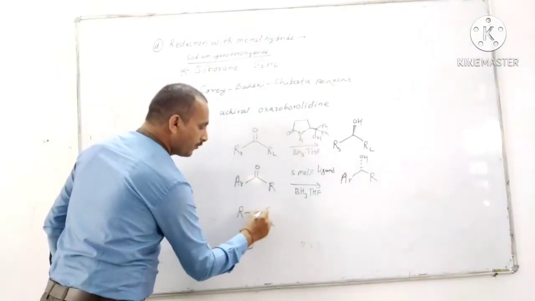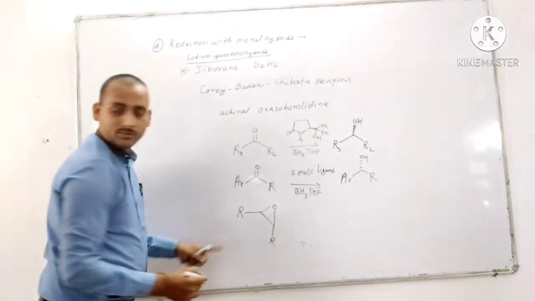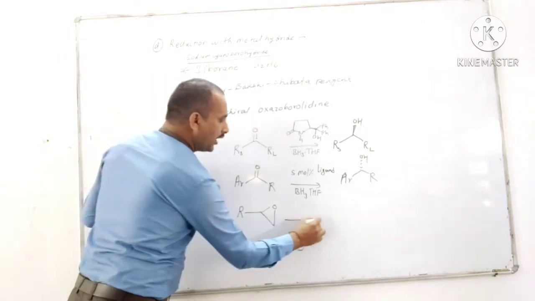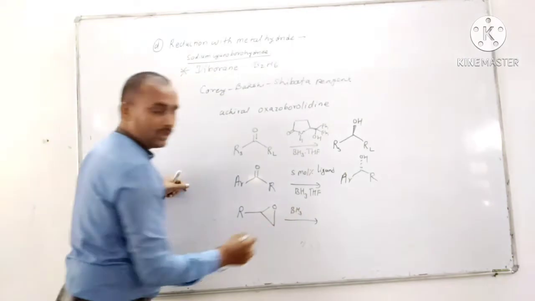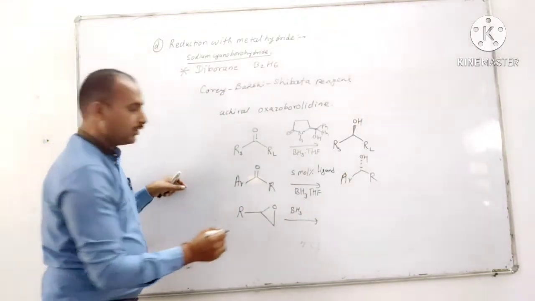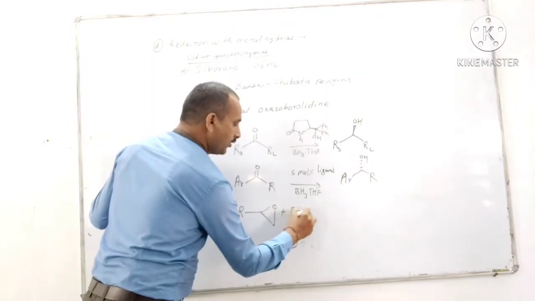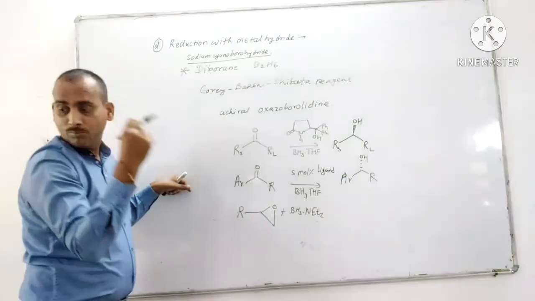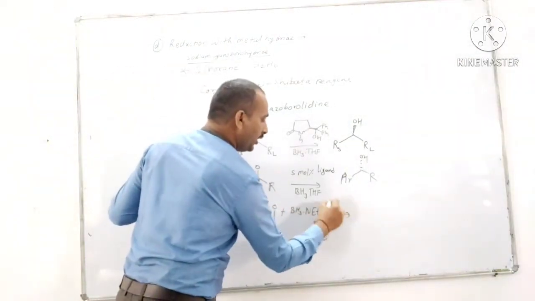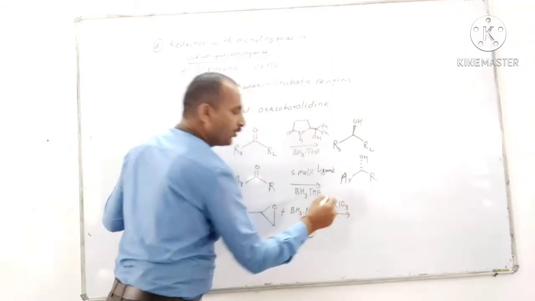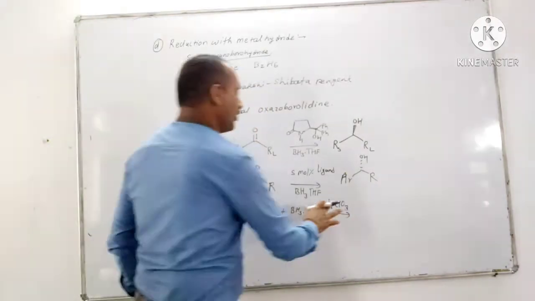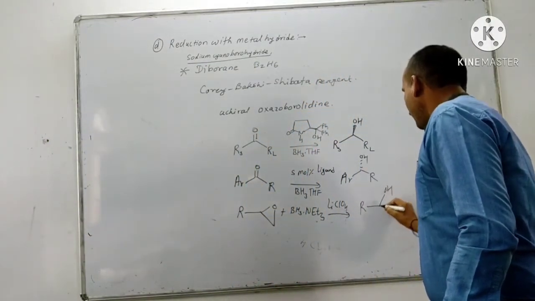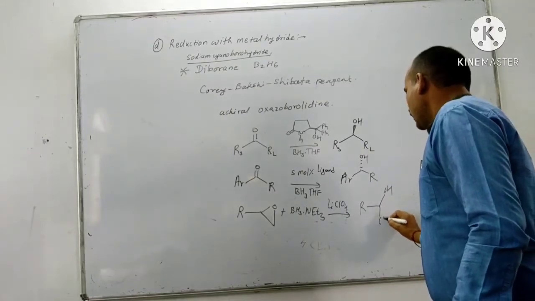So R, O, R, CH3 here, then BH3, NEt3, triethylamine borane in lithium perchlorate, there is R-COH-CH3.